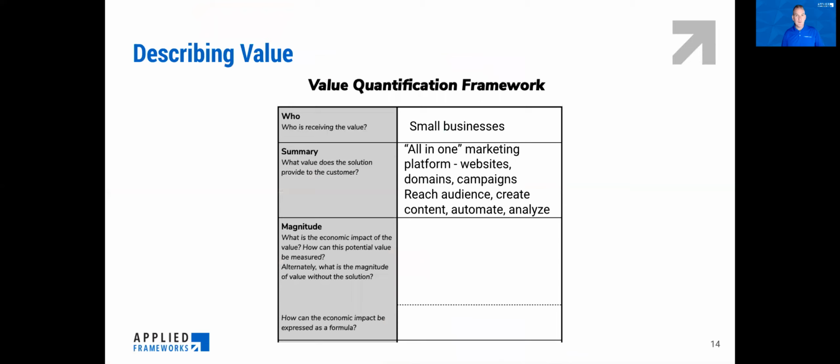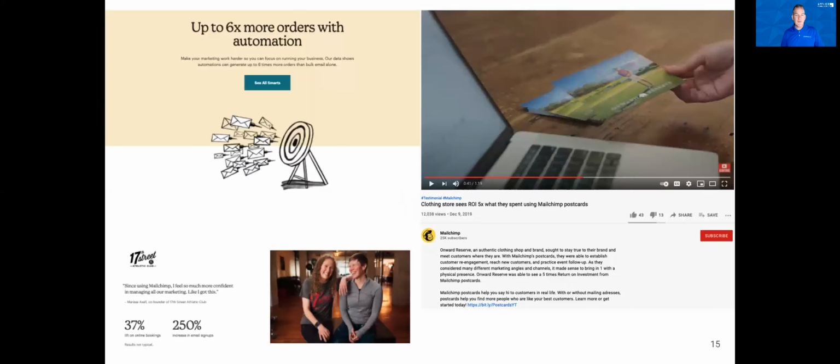So as I look at the framework, small businesses are receiving the value, and I can summarize this value as an all-in-one marketing platform. Websites, campaigns, really about reaching an audience, creating content, automating, and analyzing. As we think about the economic impact, you see that MailChimp has multiple frames of reference here, which is interesting for how they describe the payoff on investing in MailChimp.